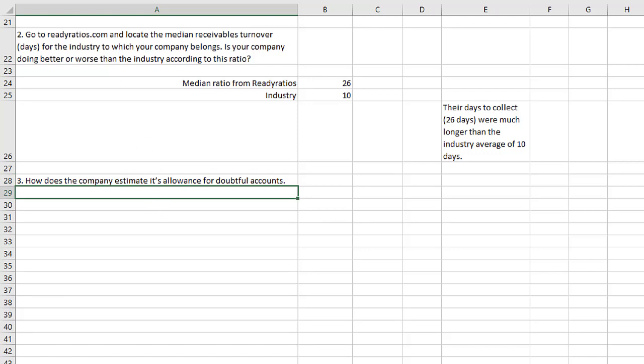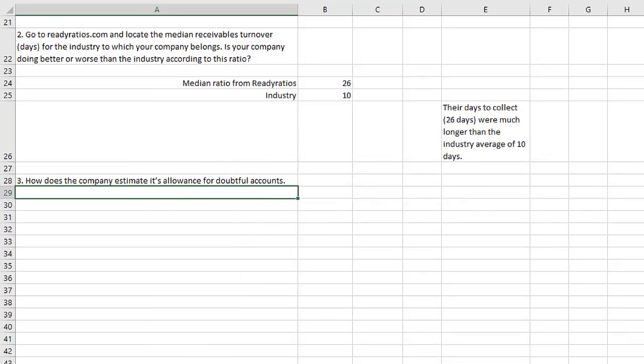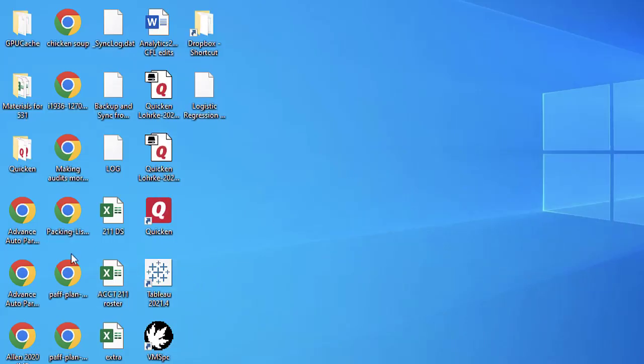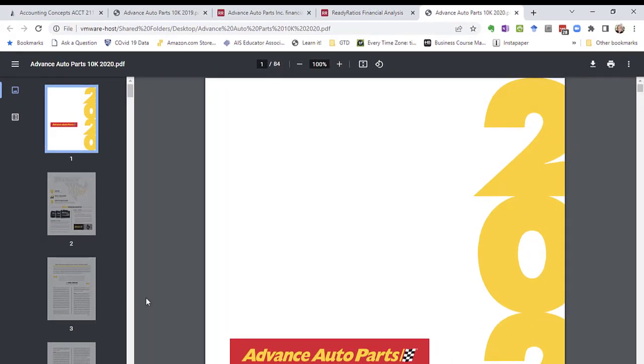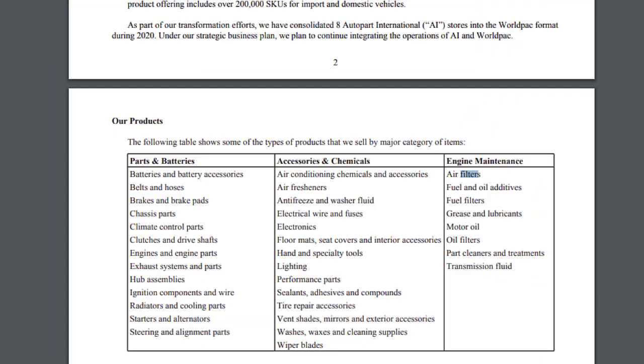So that is not going to be on the statement, so I'm going to have to go back to the report to look that up. So I want to get my most current report, so I'm going to go open that up. It's on my desktop. And here's the most current report. And now I'm going to do a find.